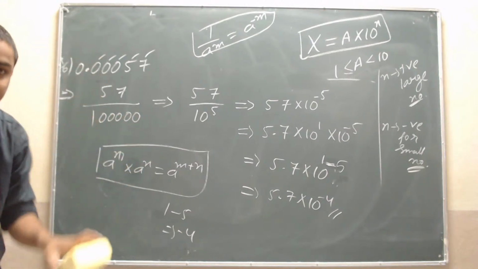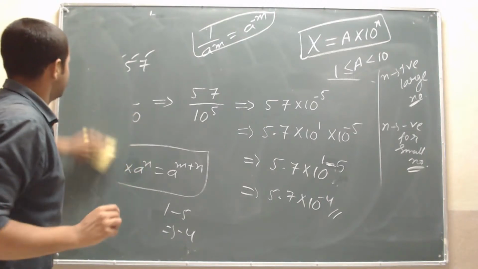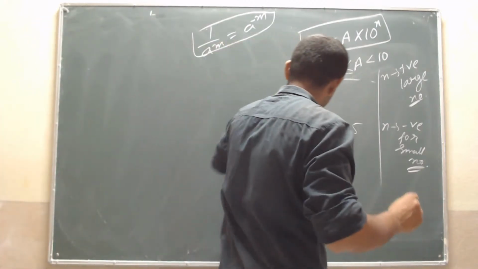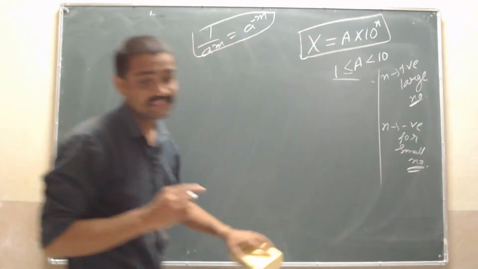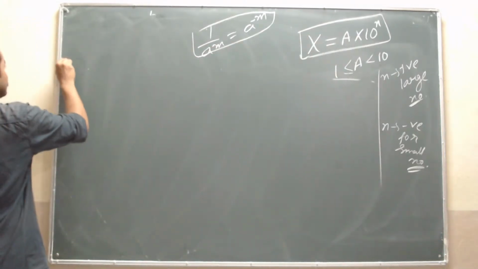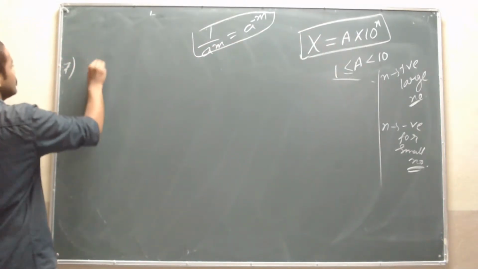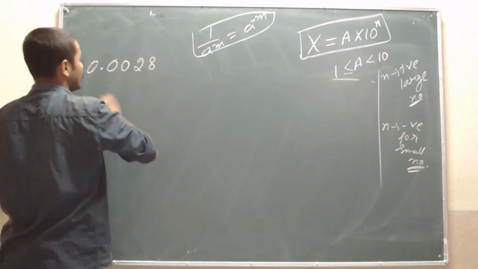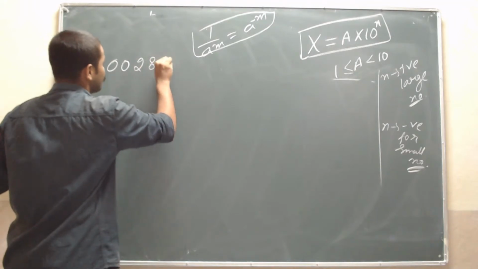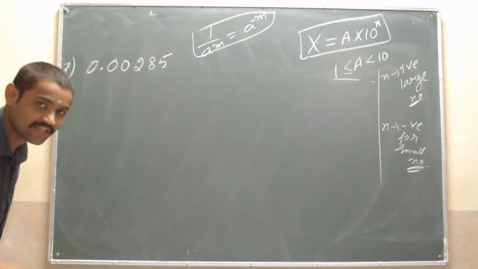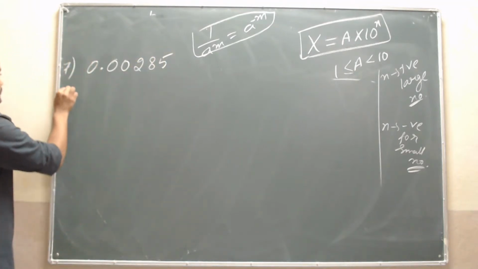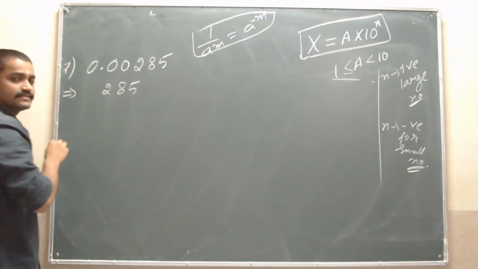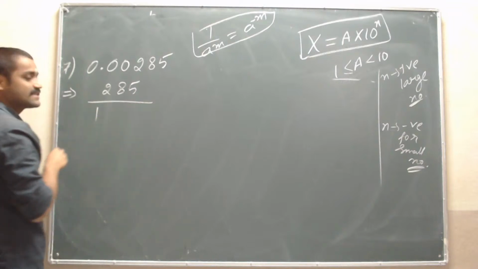One more example. Same as in the problem, the second problem is 0.00285. It is a little tough, so that you will be clear. See here, first step: 285 divided by 1 is there.